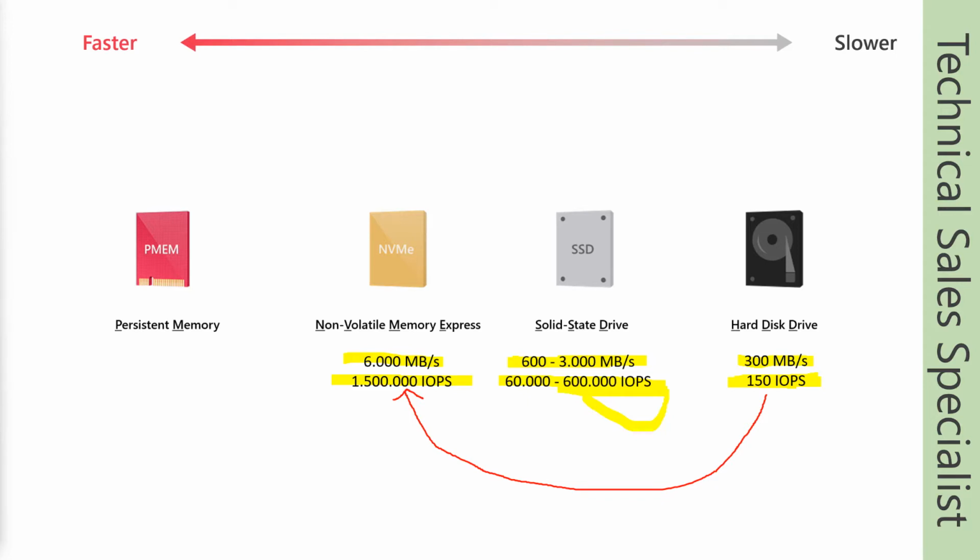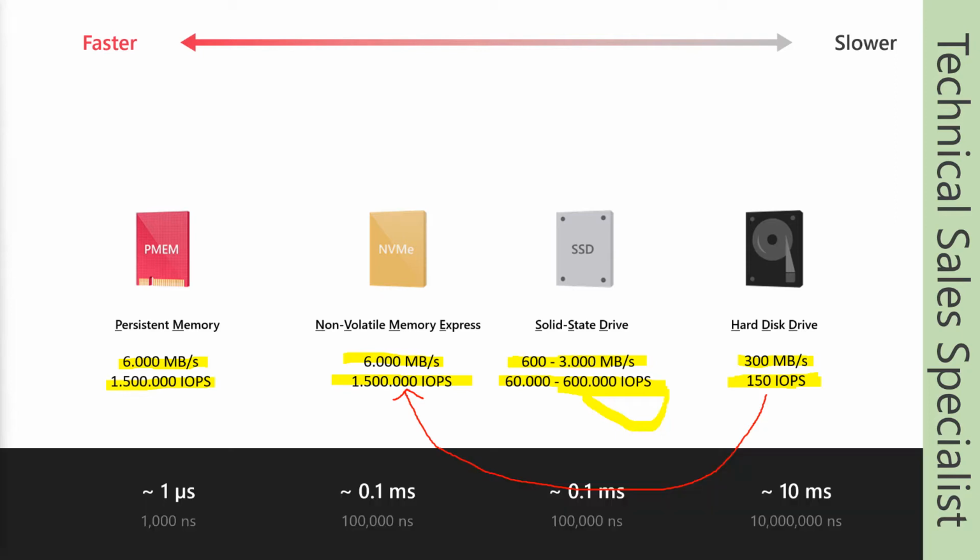Yes, these are the very fast NVMe's, but these are here also the fast hard disk drives. So this is a huge difference here when we are looking at the random I/O. The persistent memory is on the same level regarding the throughput and the IOPS. But what's interesting for the persistent memory is that we have a reduced latency.